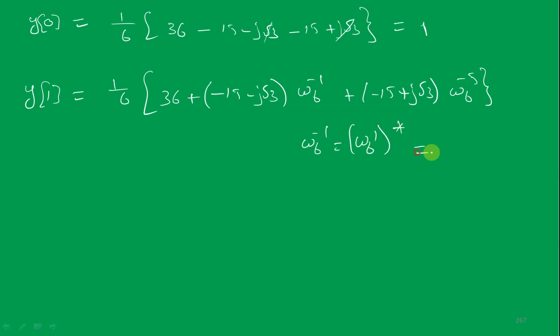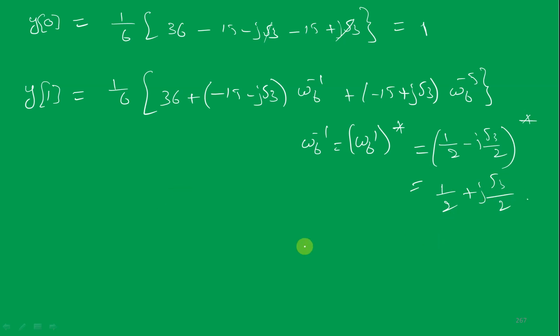What is W6 power 1? It is 1/2 − j√3/2. Its complex conjugation is 1/2 + j√3/2.